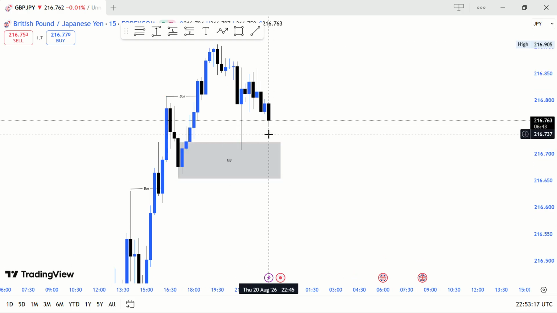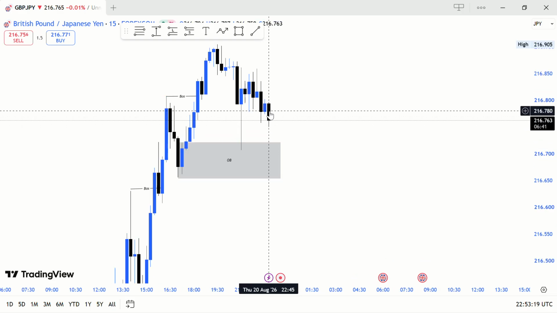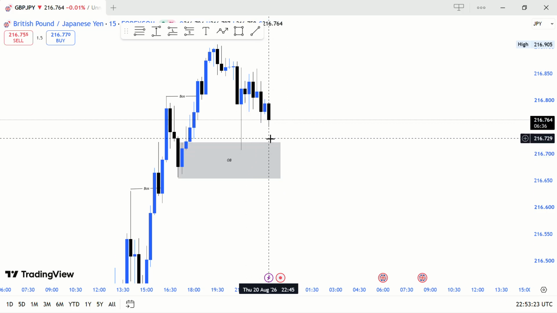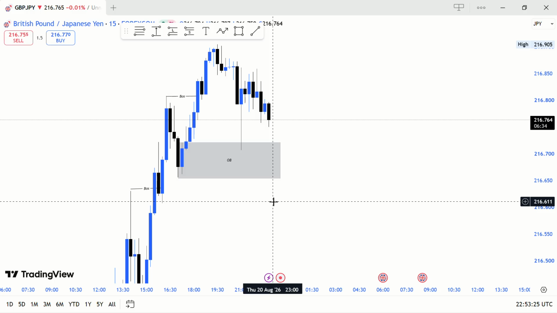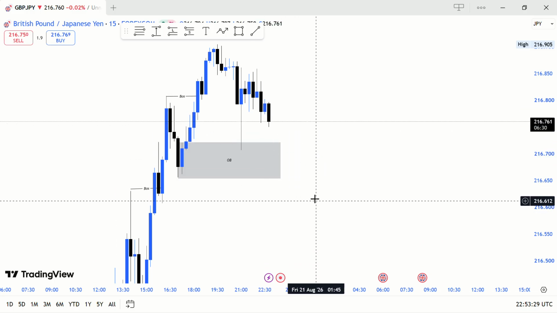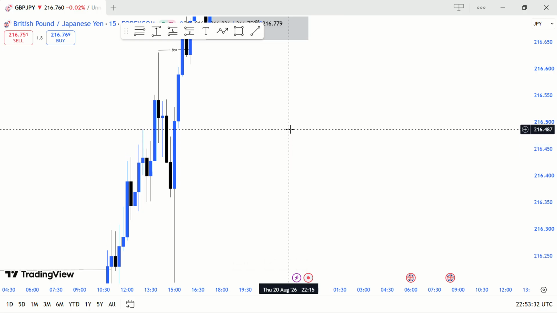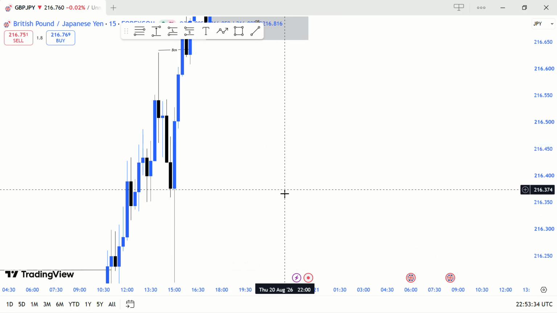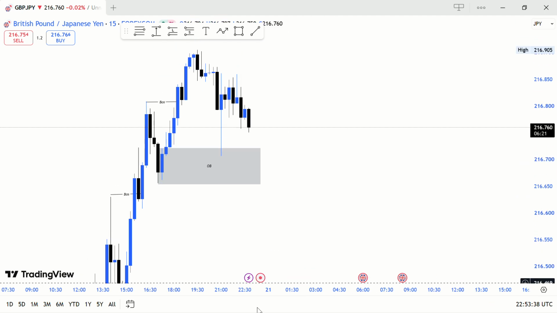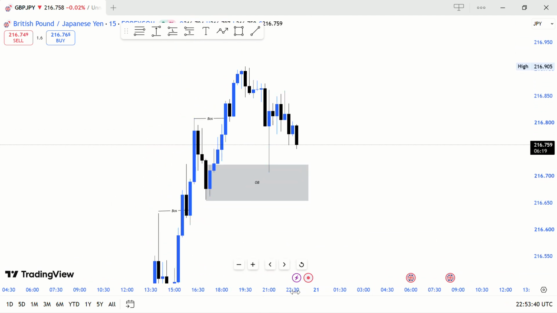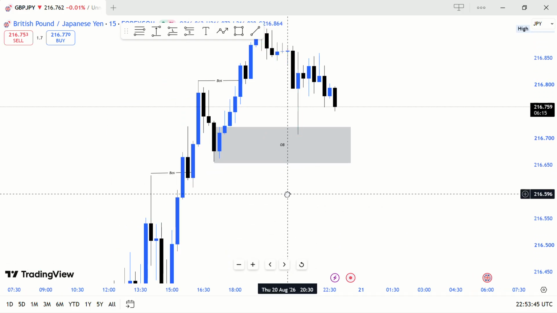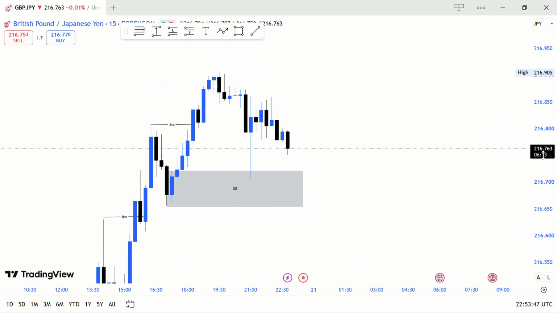But if the price coming down rejects this other block and then goes down, we just have to wait for a good order block and then take a massive sell to probably this area, or we might be pushing down, down, down. So that is that for GBP.